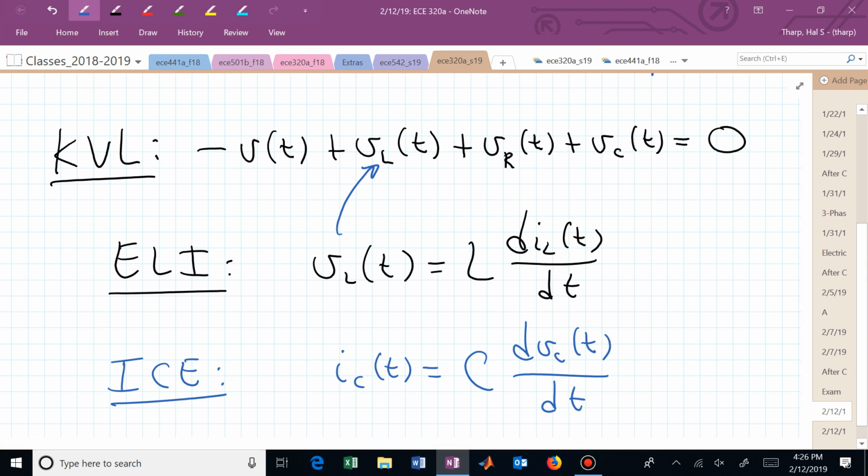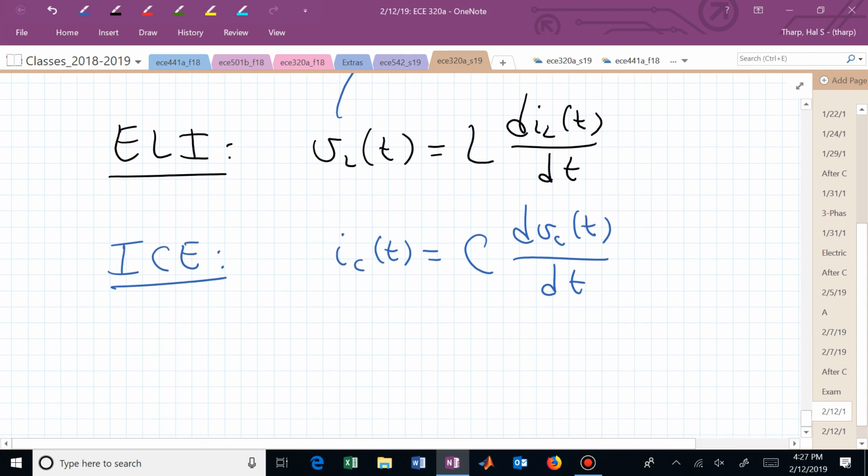But what do we know about the inductor current and the capacitor current in this particular circuit? They're the same, aren't they? It's series. So the current flowing in this circuit is the same. So anywhere I had an I sub L, I could replace it with I sub C. If we do that a couple of times, we'll actually be able to get rid of everything in here except V sub C and its derivatives and V. Let's do that.